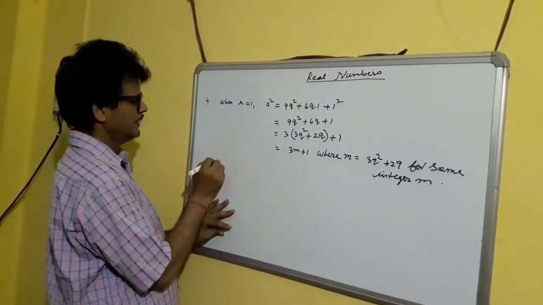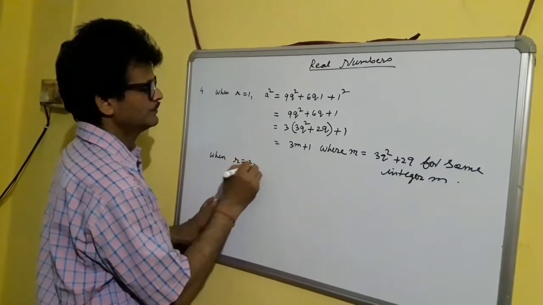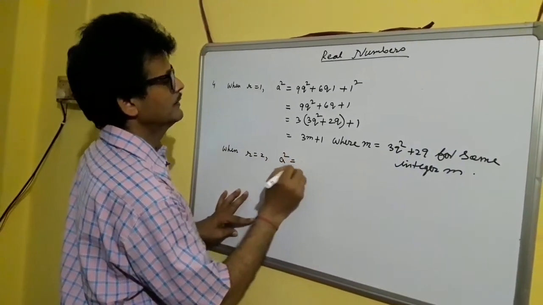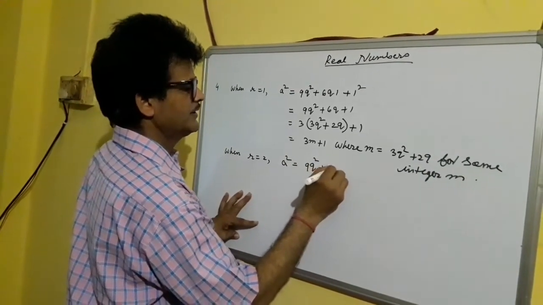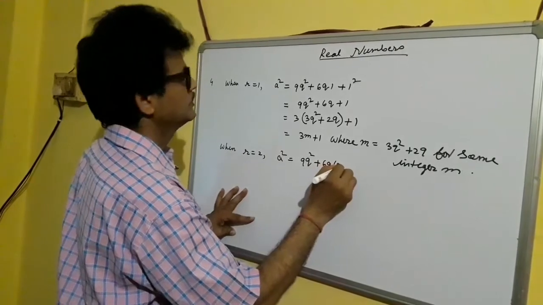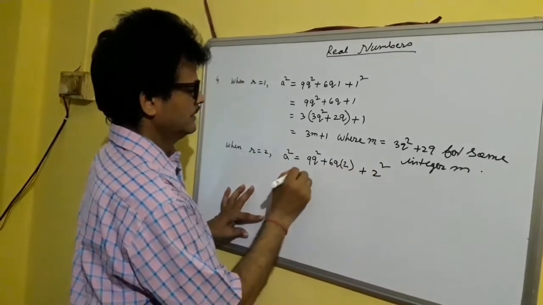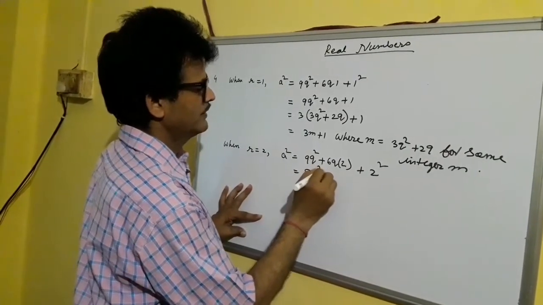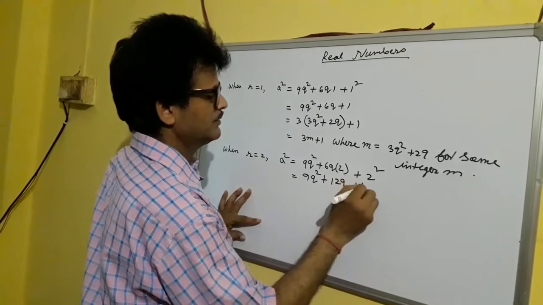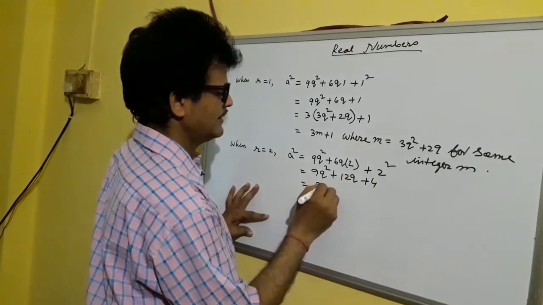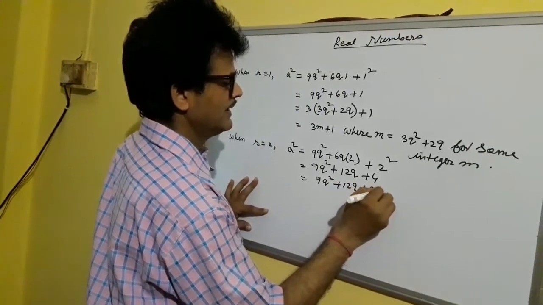Next, when R is equal to 2, A square is equal to 9Q square plus 6Q into 2 plus 2 square, which is equal to 9Q square plus 12Q plus 4, which is equal to 9Q square plus 12Q plus 3 plus 1.